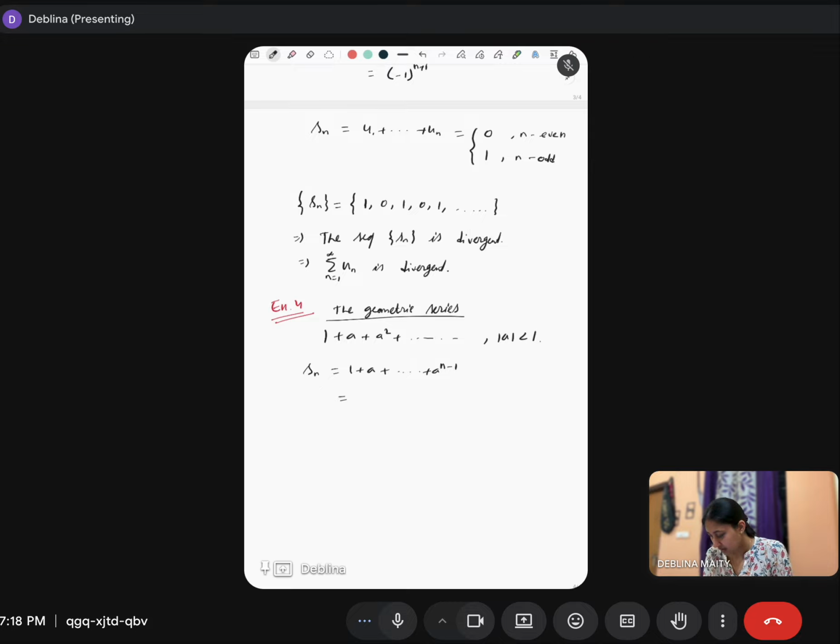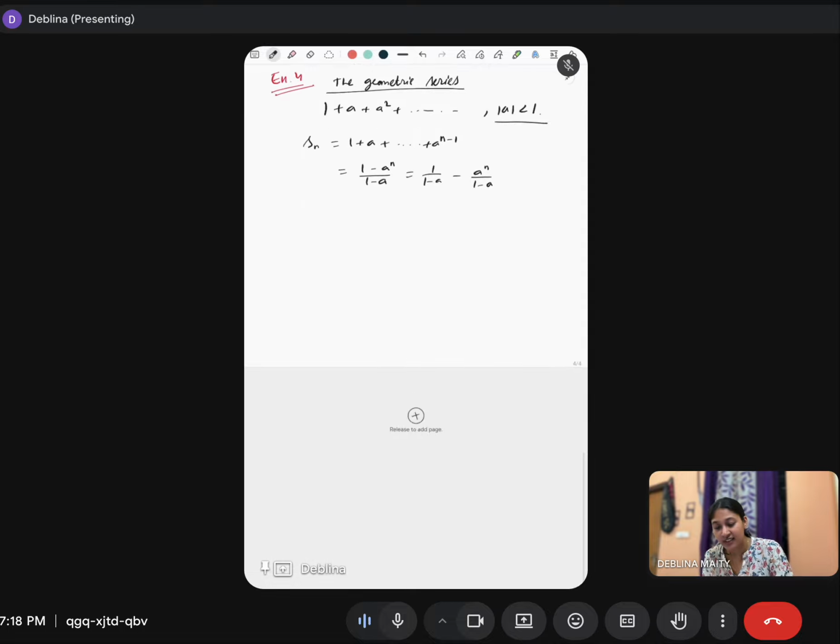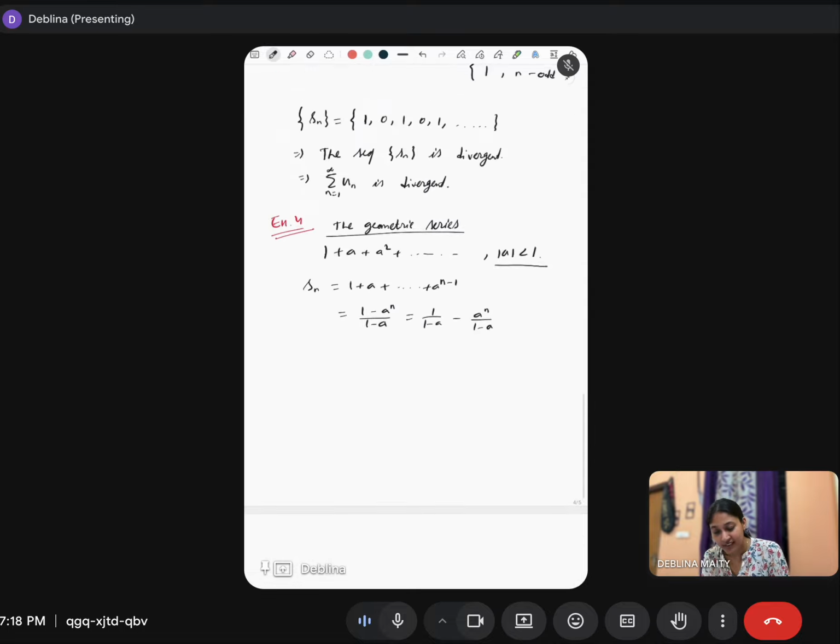So the value is what? 1 minus a to the power n over 1 minus a, since mod a is less than 1, right? Now this is equal to 1 by 1 minus a minus a to the power n by 1 minus a, right? Now since mod a is less than 1, as n tends to infinity, a to the power n goes to 0, right?